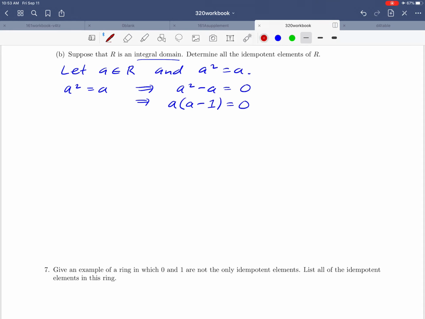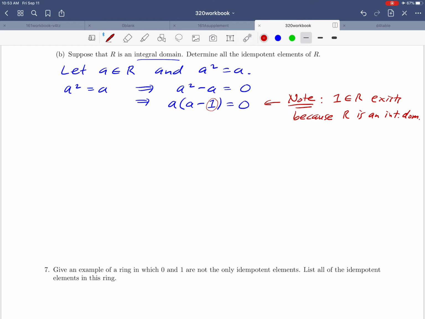One thing we used was the distributive property, and the other thing is because we're in an integral domain, we know that we have a unity element, so that number 1 exists. It's important to realize that, to make note of it. So the element 1 in R exists because R is an integral domain. We know that some rings might not have unity elements, but an integral domain always does.